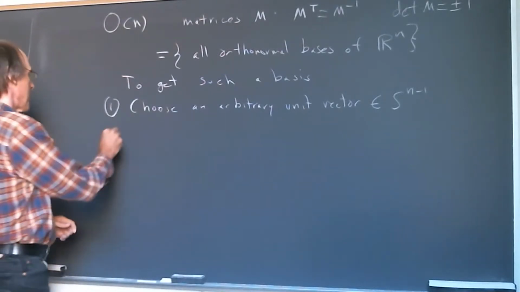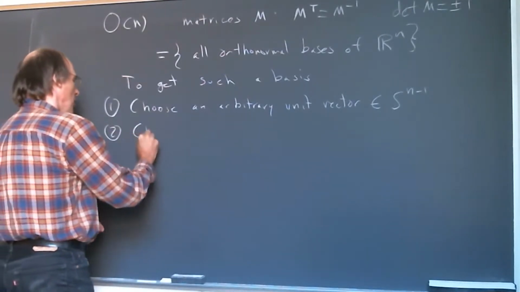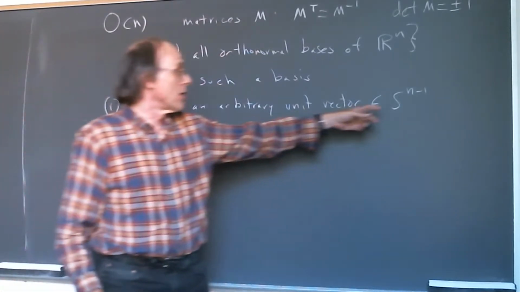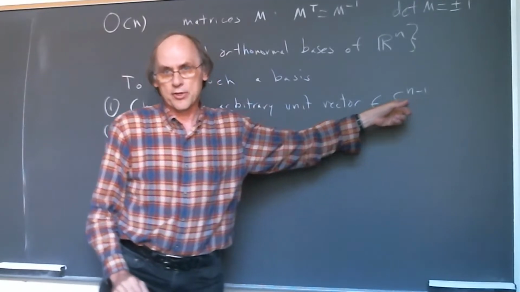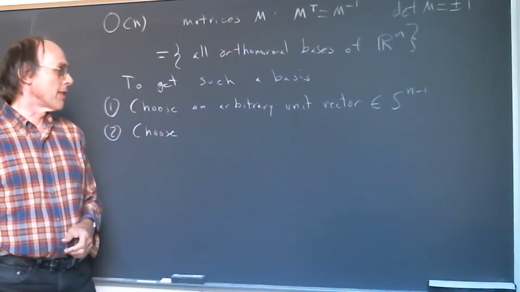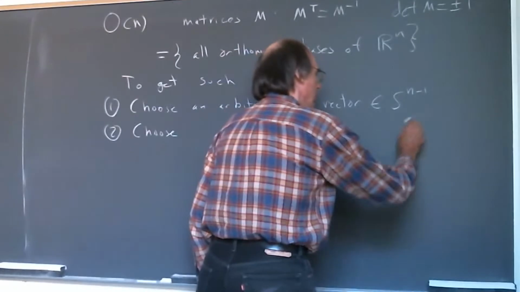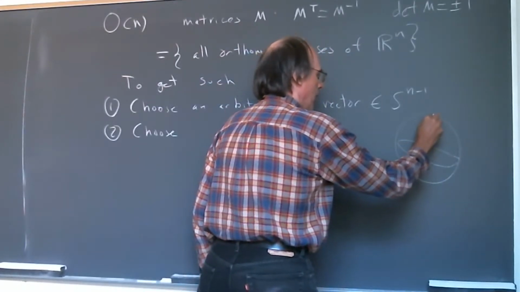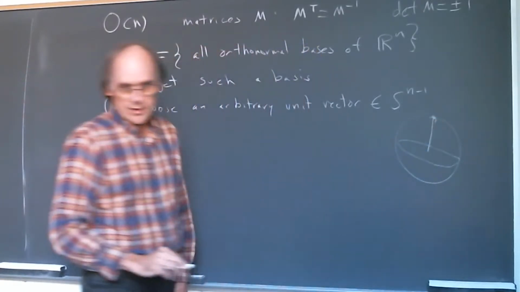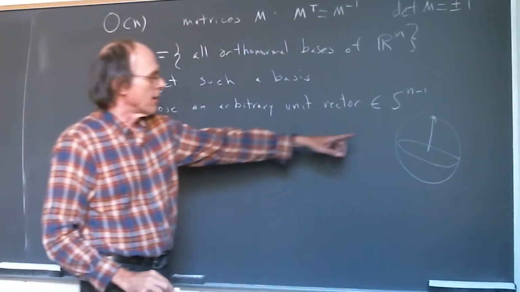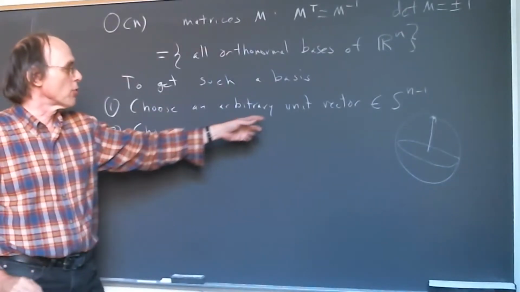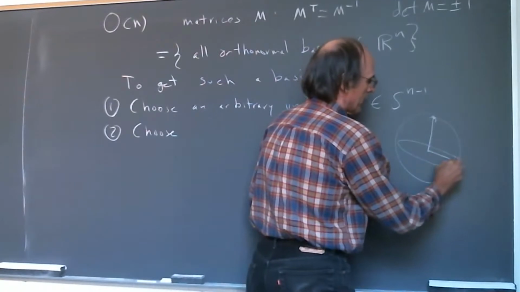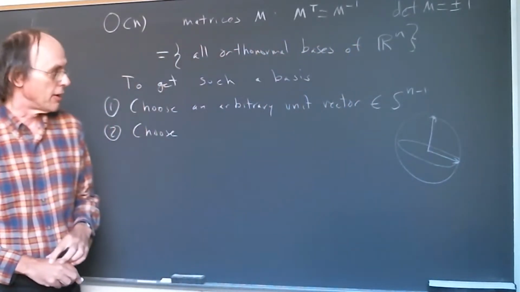Then the next thing you do is choose a vector that's orthogonal to this one, and also a unit vector. You've picked some vector in the sphere here. If you want to pick a second vector orthogonal to this vector, it's going to lie somewhere on the equator.